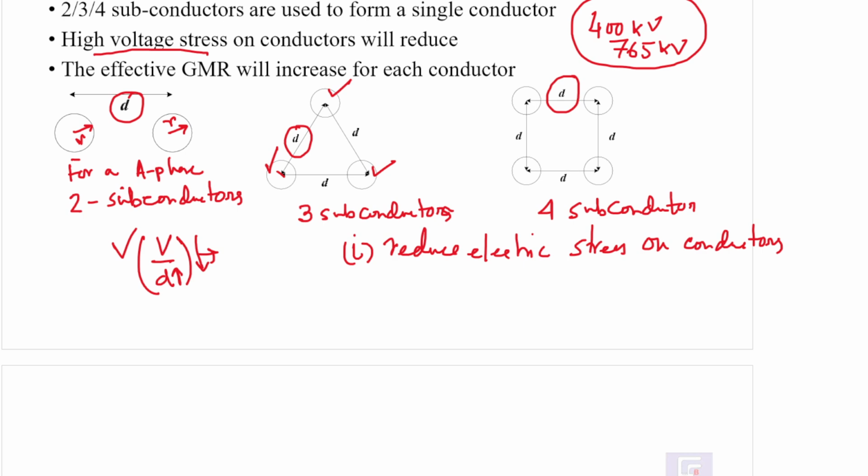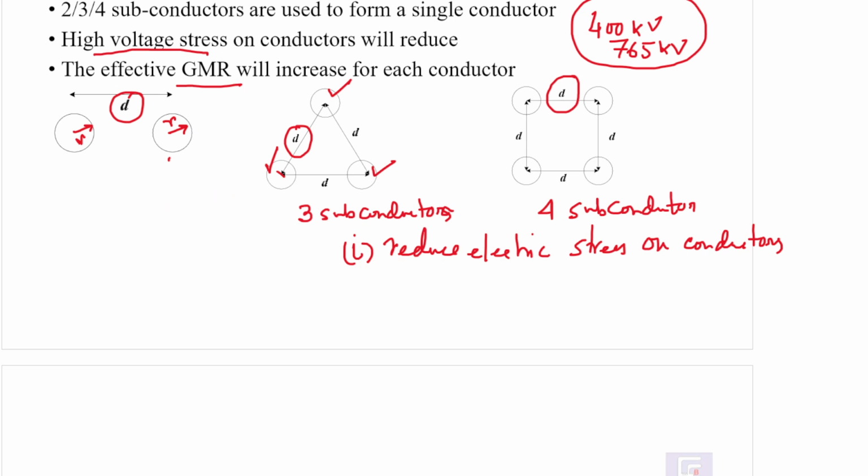Secondly, the effective GMR will increase. How? For this two conductor case, what will be the GMR, or rather Ds?